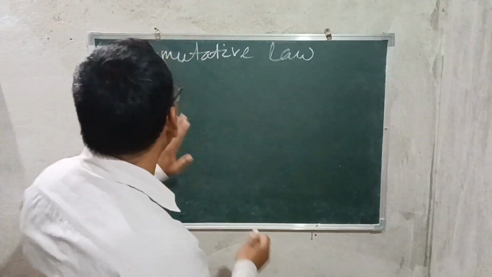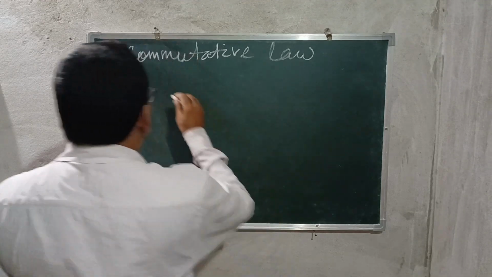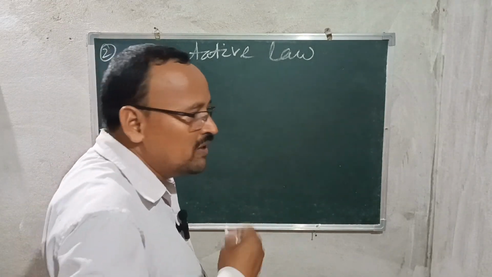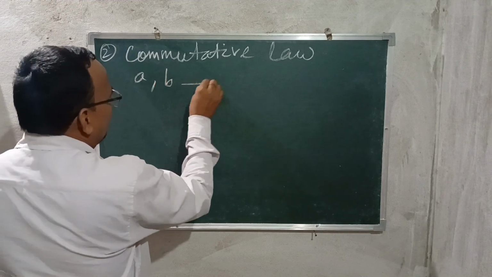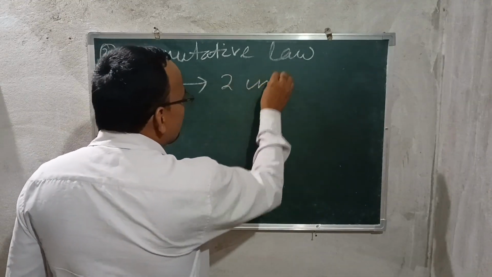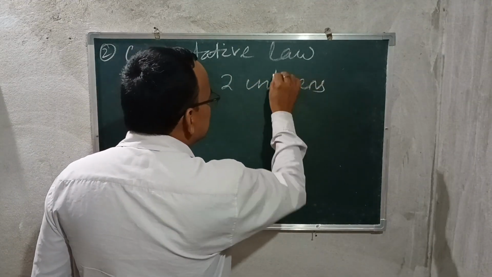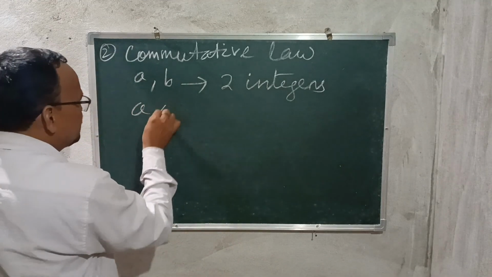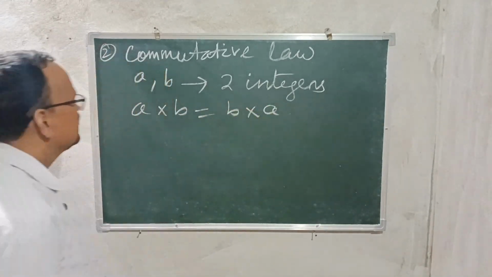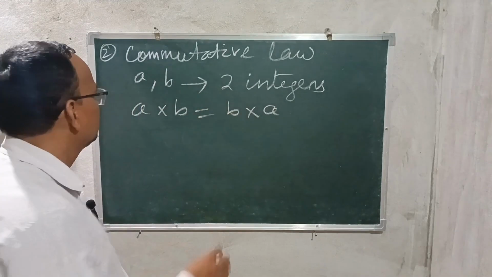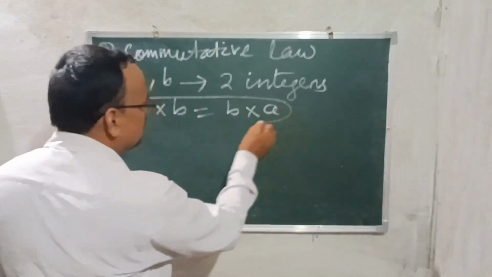It is similar here. If a and b are two integers, then a into b is equal to b into a. This is the commutative law.